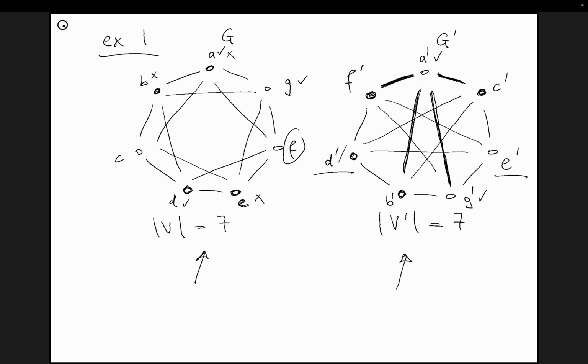Okay, so let's go to the next exercise, exercise 2. And this is going to be the exercise about the three houses and three wells. So we have the following situation.